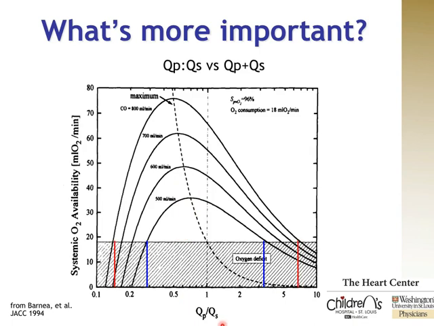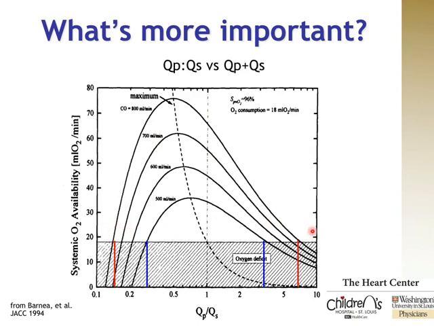Whereas at a higher cardiac output, the intersect becomes a lot wider, and then QP to QS ratio almost becomes irrelevant because oxygen delivery will be adequate at a very wide range of QP to QS values.